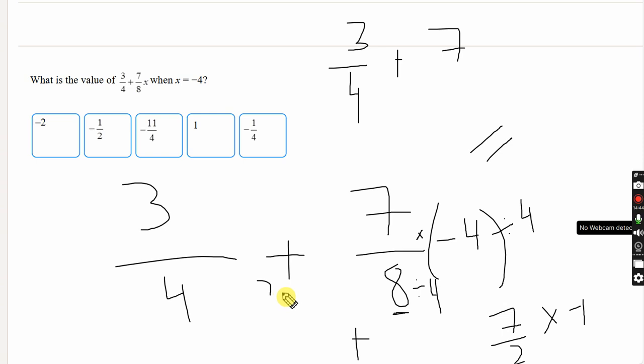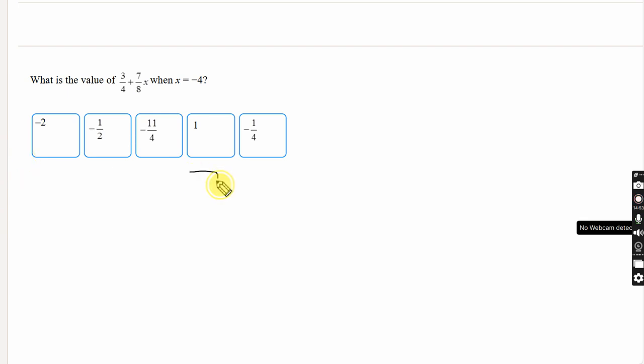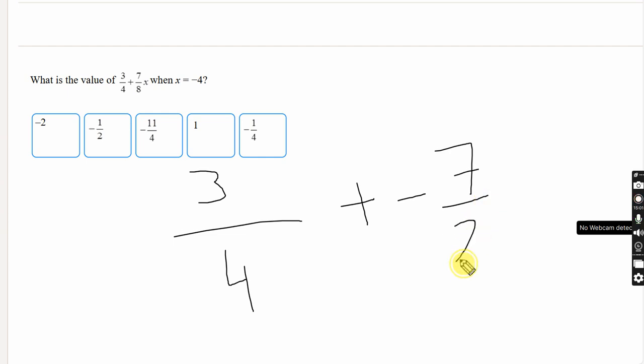So 3 over 4 plus negative 7 over 2. Now, of course, whenever we're dealing with fractions, we need to have the same denominator.